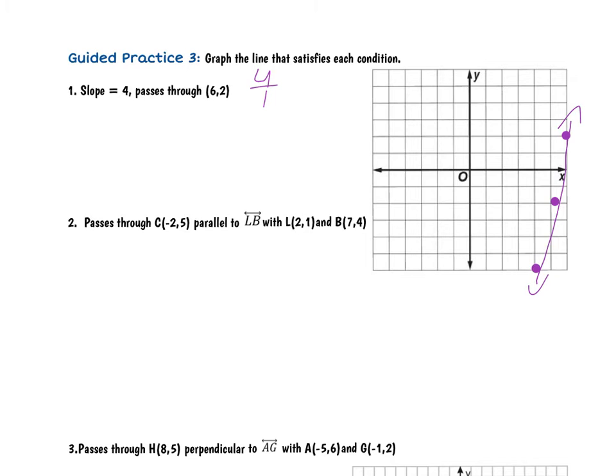Let's see, purple, let's go for orange. Passes through -2, 5, is parallel to LB, and LB has points 2, 1, and 7, 4. All right, so we want to pass through the point -2, 5. So -2, -1, -2, 1, 2, 3, 4, 5.